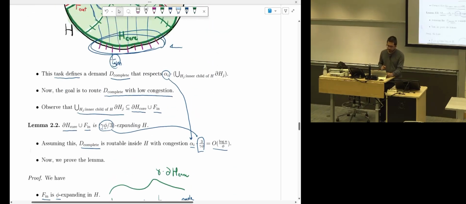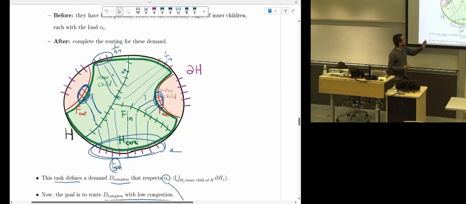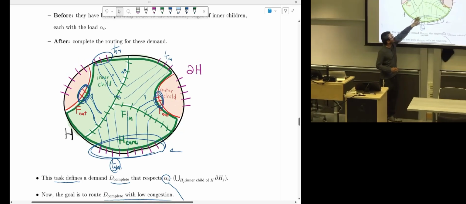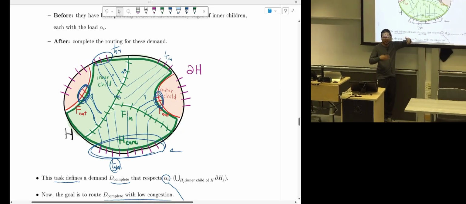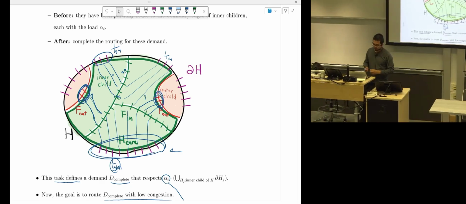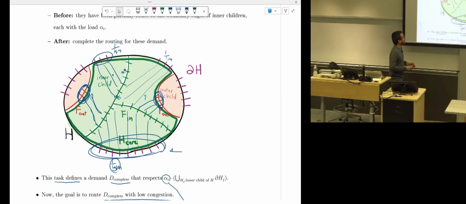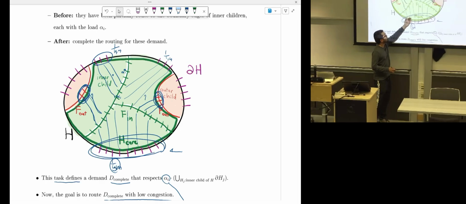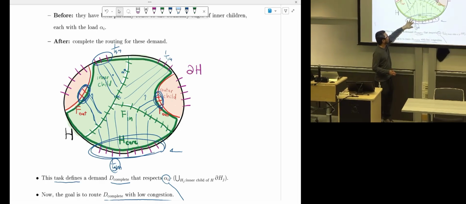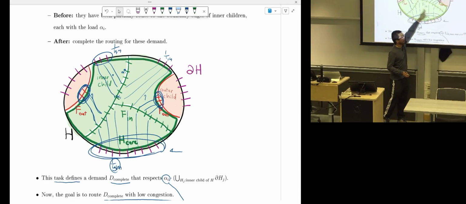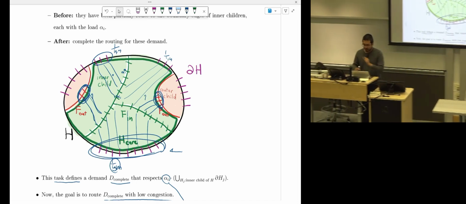So are you convinced now that we can finish the demand inside the core with low congestion? This is just some demand between the boundary of the core and F in, but this set is expanding in H. Just one second.